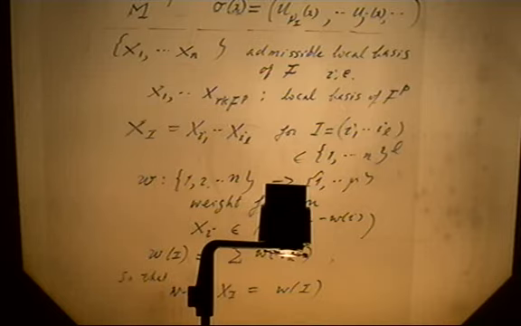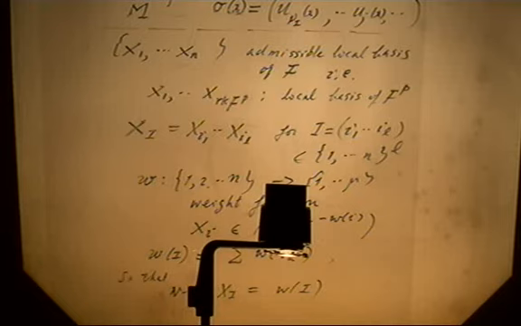So I take the basis vector fields as the basis of each F_p, in this order. Then I can define the weight function from 1 to n to 1 to mu. Mu is the depth of the filtration, such that each Xi is a section of F minus omega i.